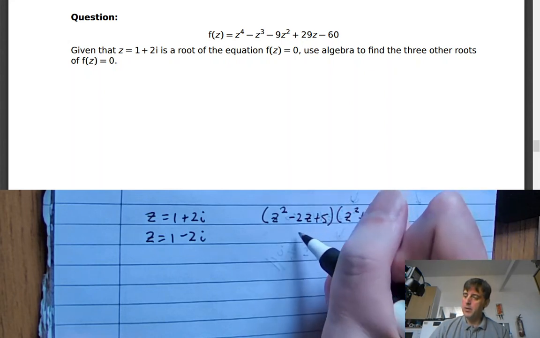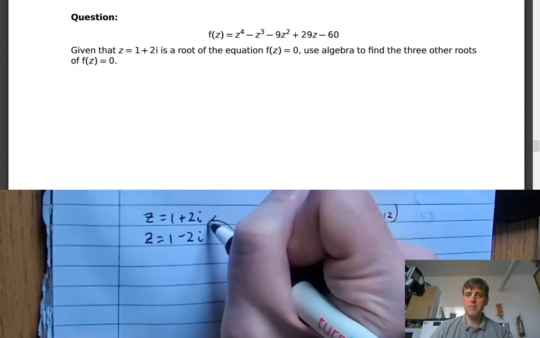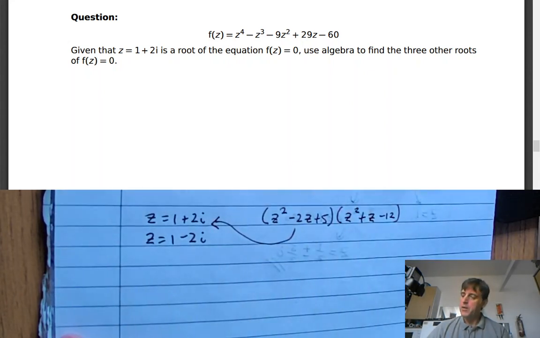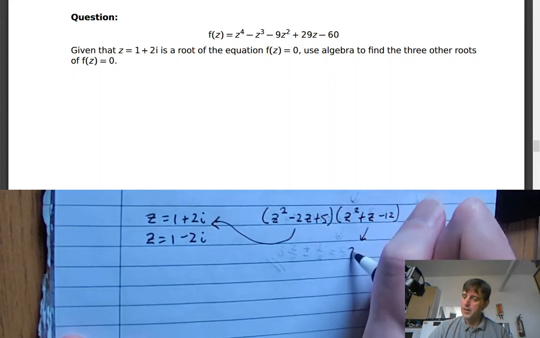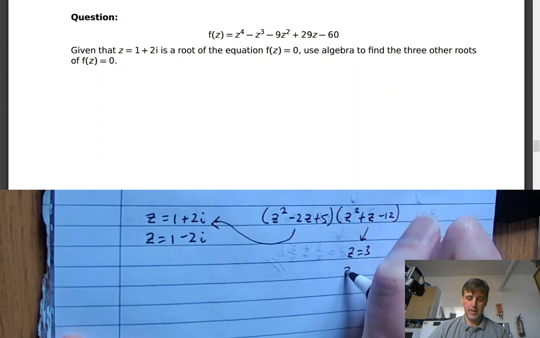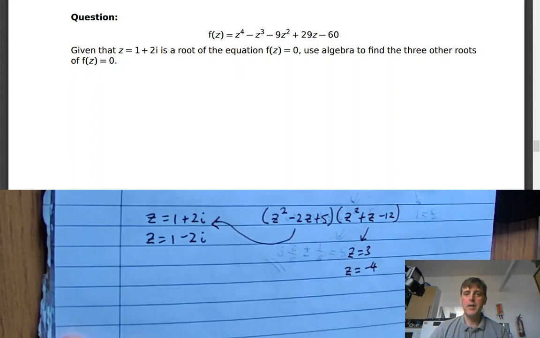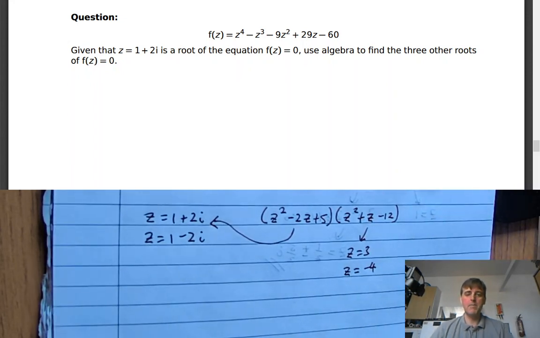So this one here leads to those two roots that we already knew. This one here actually leads to two real roots in this particular case. z equals 3 and z equals negative 4 is the solution you should have ended up with there.